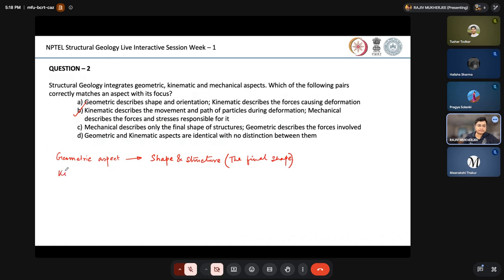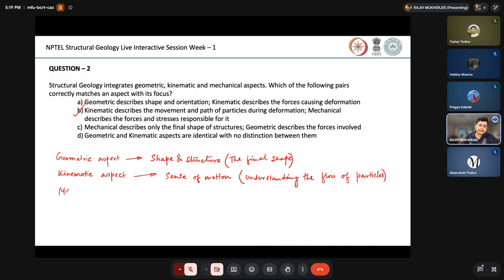The kinematic aspect essentially deals with the sense of motion, or in other words, understanding the flow of particles, right?